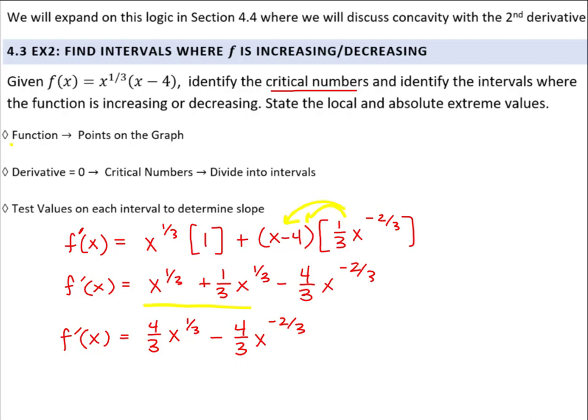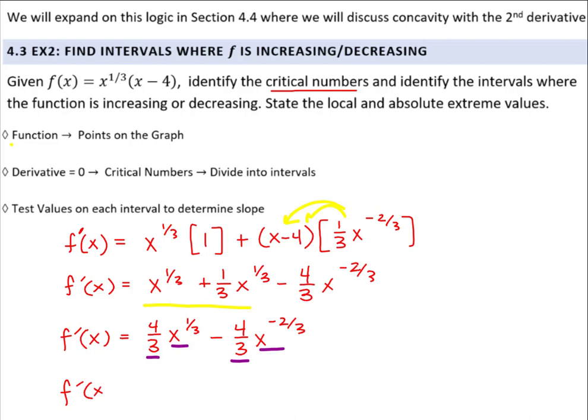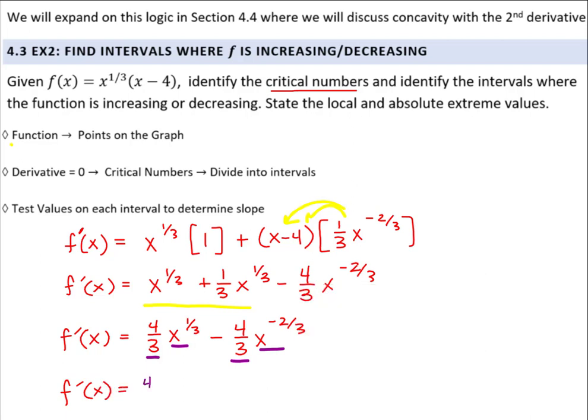And then our last step when we're dealing with problems like this is to factor out a GCF. Of course, you should notice both of my terms have a 4/3 and they both have an x. Now remember, we want to factor out the least quantity of x's. So I have here f prime of x equals, I'm going to pull that out, 4/3 x, and the least amount is negative 2/3.